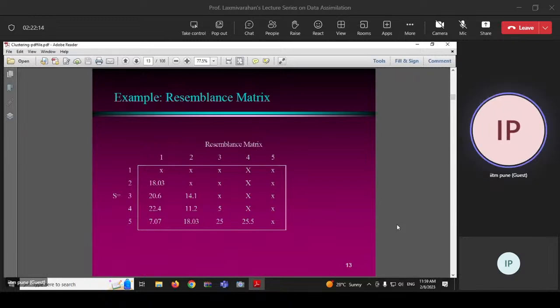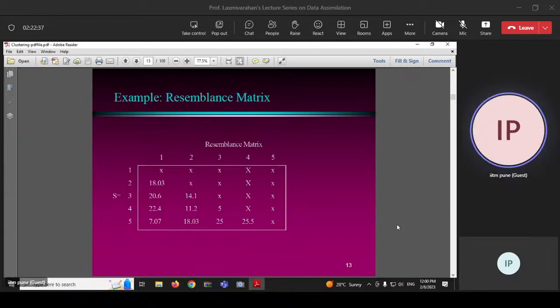Simple problems. Once you understand, once you are able to do it, then you can depend on programs and other things. So I want you to check each of these calculations as I go by. So there are 5 objects. How many pairs are there out of 5 objects?